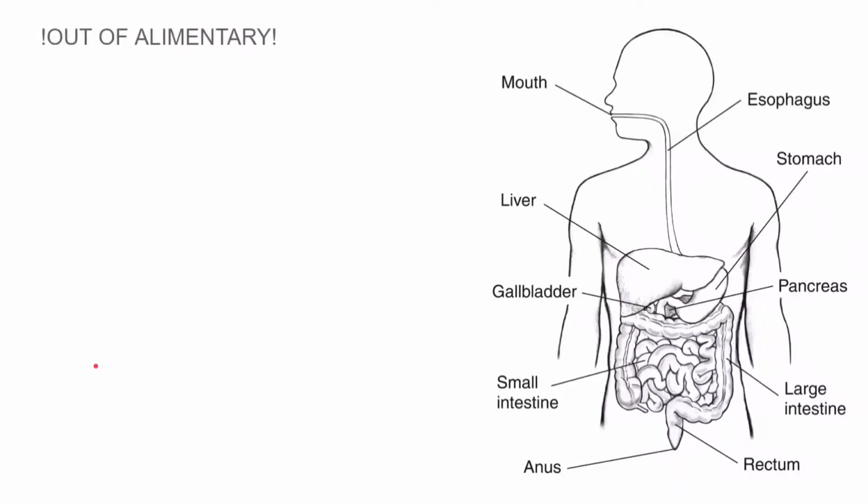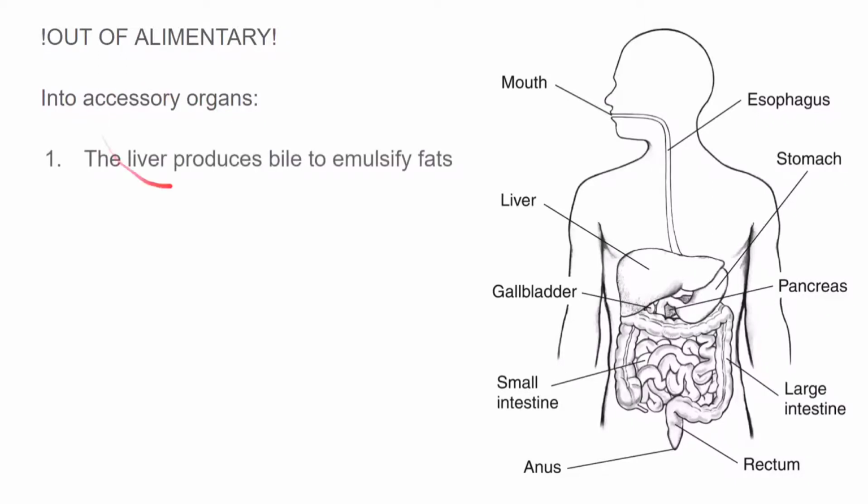And so next, we move out of the alimentary canal. For this slide, we're moving out of where the food is processed and we're going to be looking at the accessory organs. So the extra enzymes produced by other organs that the food doesn't actually pass through. So first we look at the liver, and this produces bile to emulsify our fats.